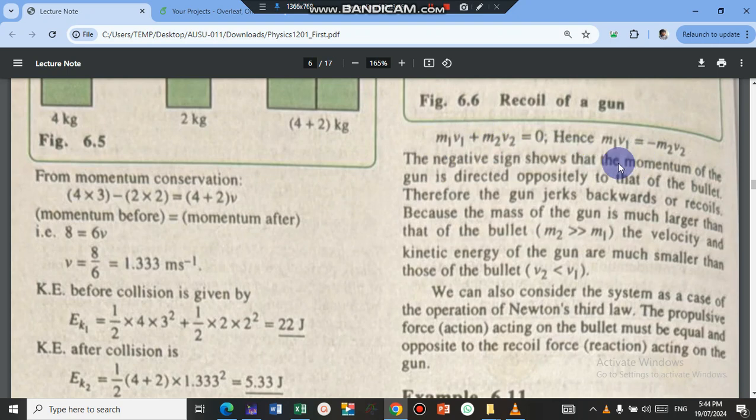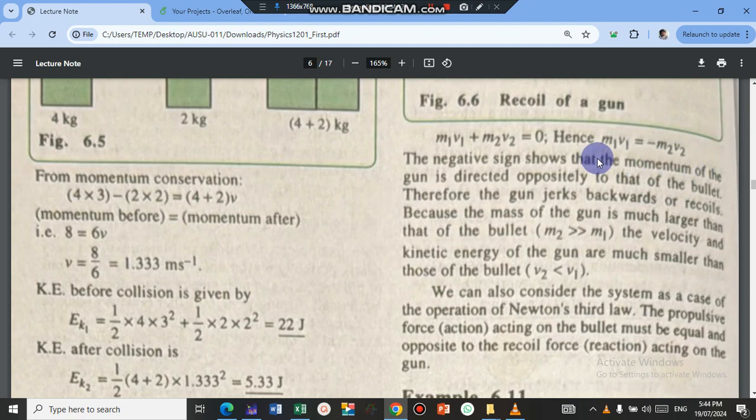The negative sign shows that the momentum of the gun is directed oppositely to that of the bullet. Remember, momentum is a vector. Since they move in opposite directions, they will have vectors with opposite signs, one positive, one negative. The momentum of the bullet, if you take it as positive, then the momentum of the gun is negative, but their sizes are the same. If this one is 50, this one is also 50.